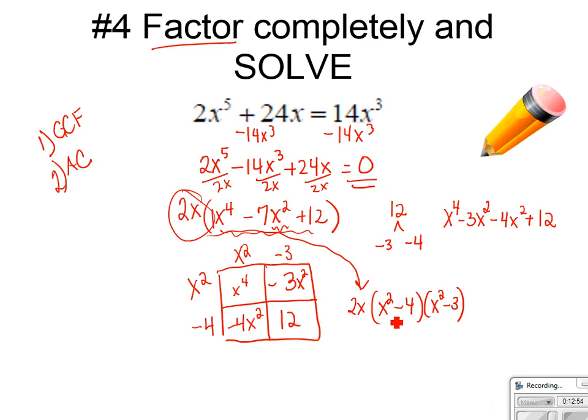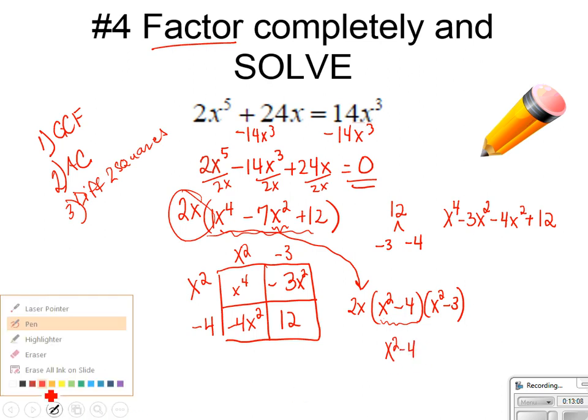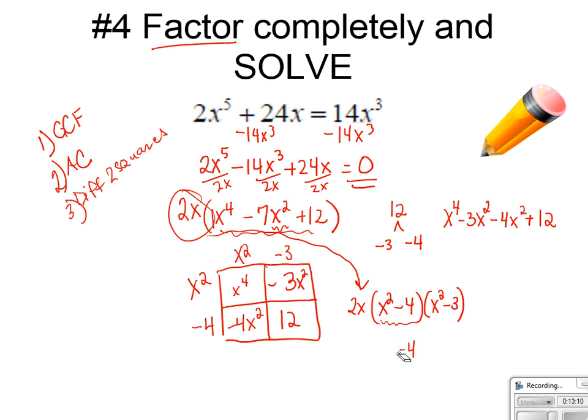Oh, x squared minus 4. That looks like it could be the difference of 2 squares. Oh, goodness sakes. So we're going to take x squared minus 4 and factor it further. Okay, so how do we factor x squared minus 4? Well, that would be x and x, and then the square root of 4 is 2 and 2.